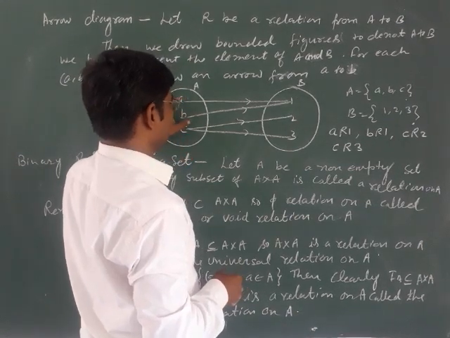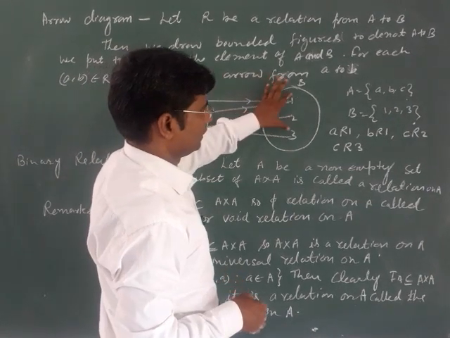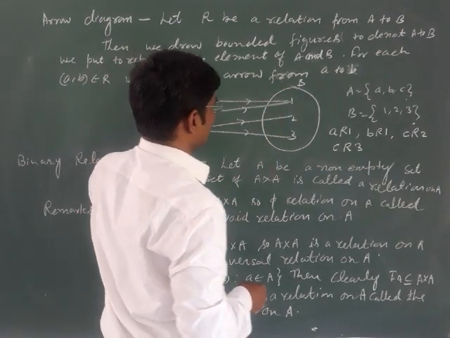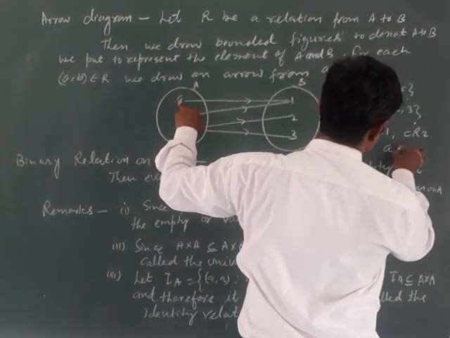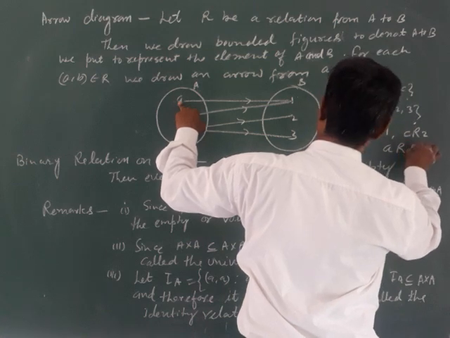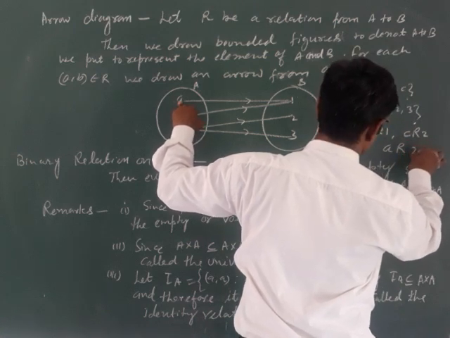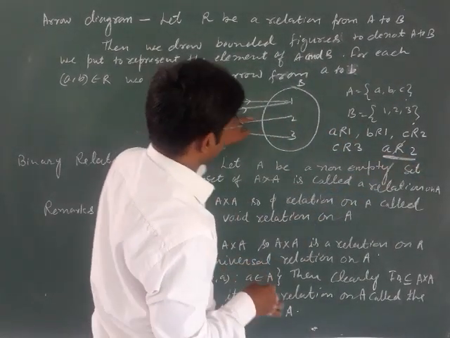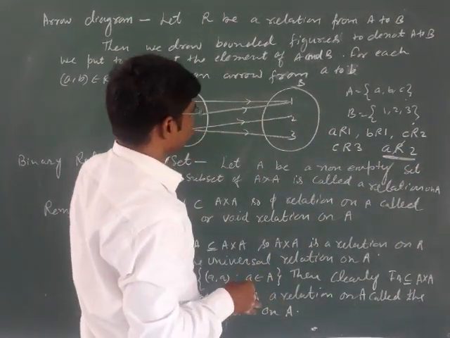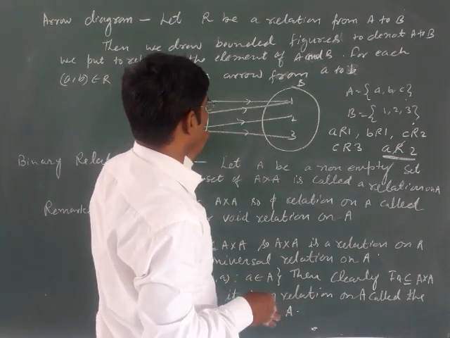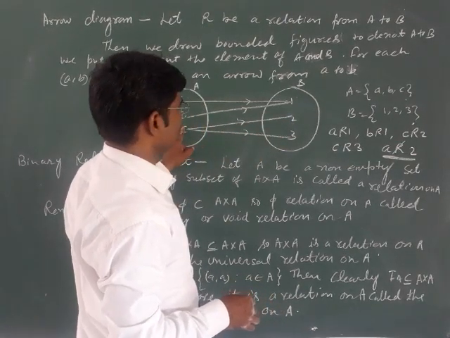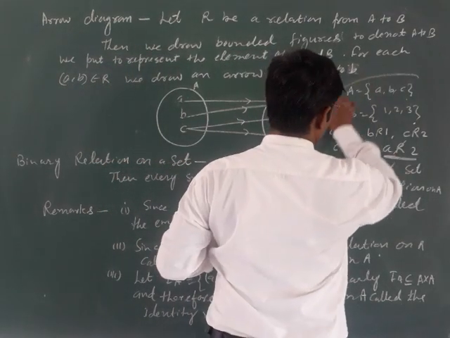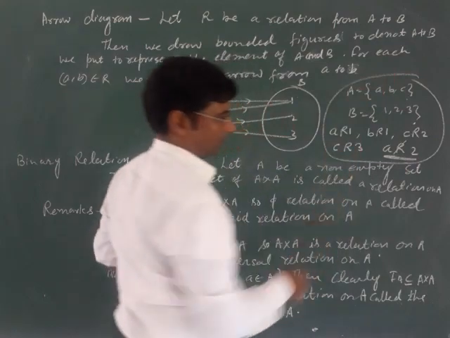So these are elements of A related to elements of B. And a is not related to 2, b is not related to 2, and c is not related to 1. So this is the form of a relation from A to B.